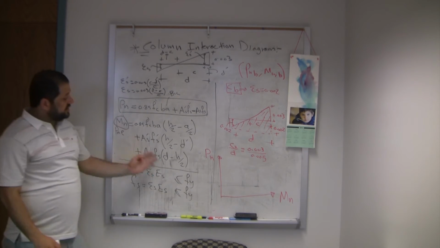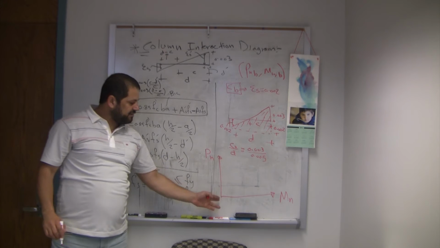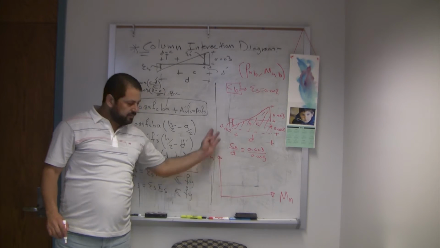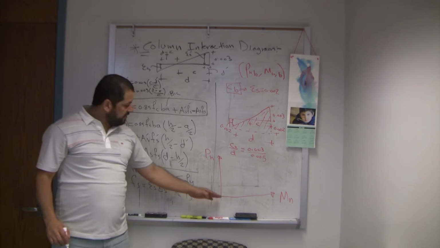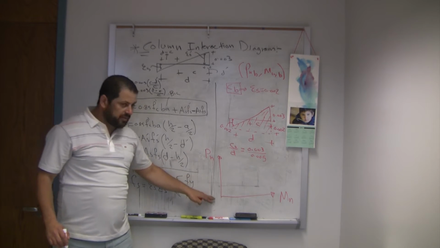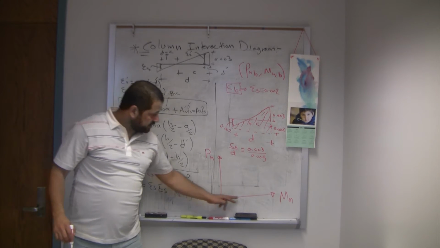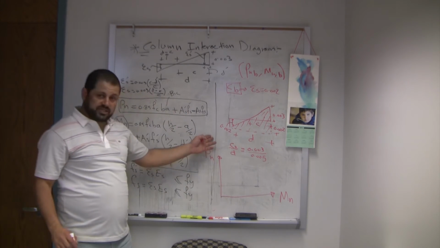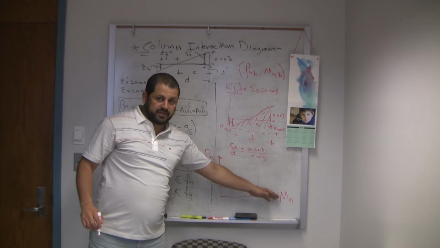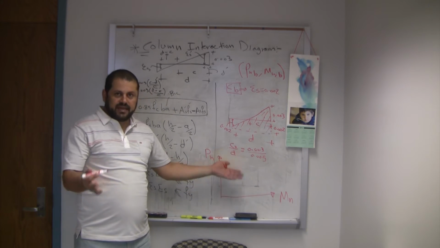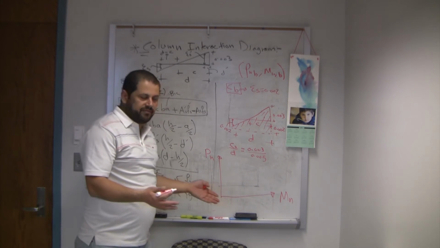On this axis, if we have zero eccentricity, if E is 0, you are talking about pure axial loading. If there is no axial load, you are talking about the horizontal axis, no loading. So this is column action, and this is beam action. In between, if there is axial load and there is moment, that's an interaction. That's beam-column behavior.